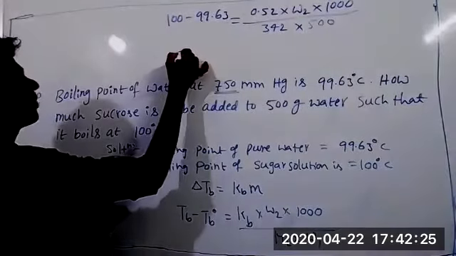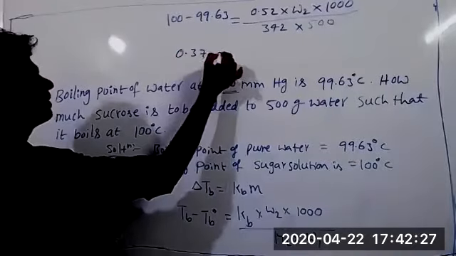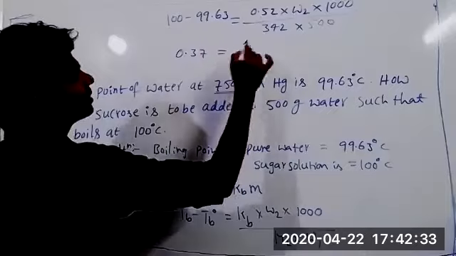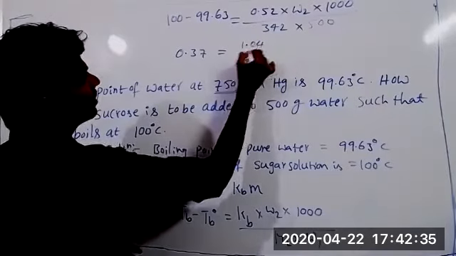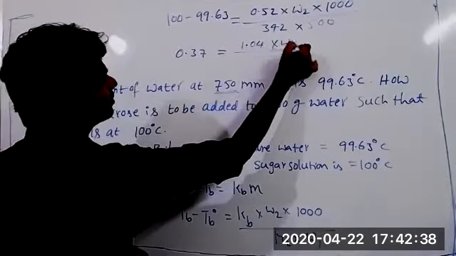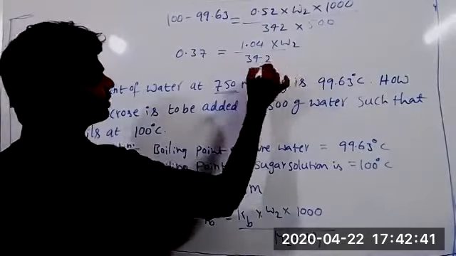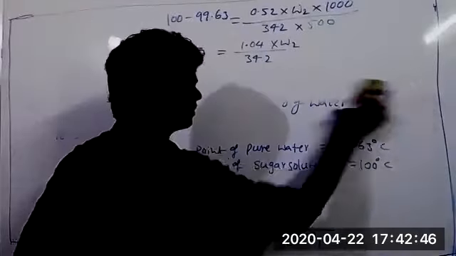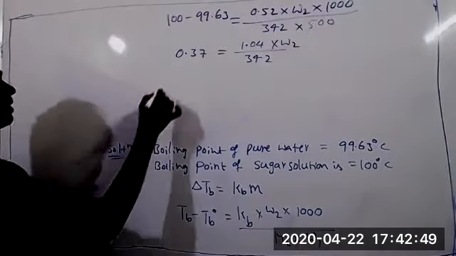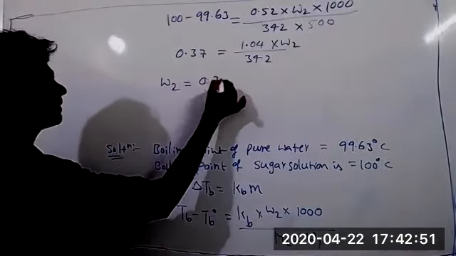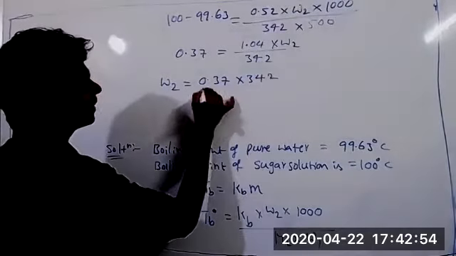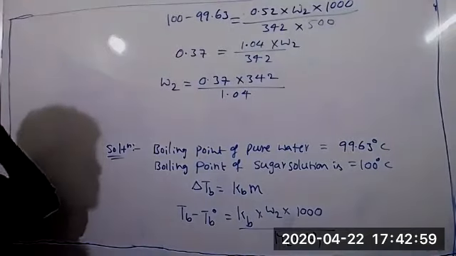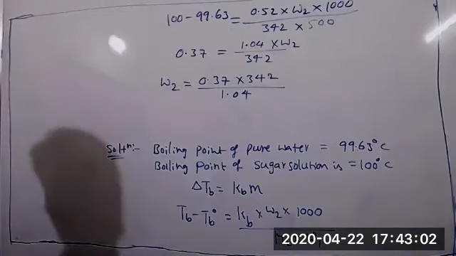So here the difference is 0.37, 500 here 2, 1.04 divided by W2 here 342. Finally calculate W2. W2 is equal to 0.37 into 342 divided by 1.04.